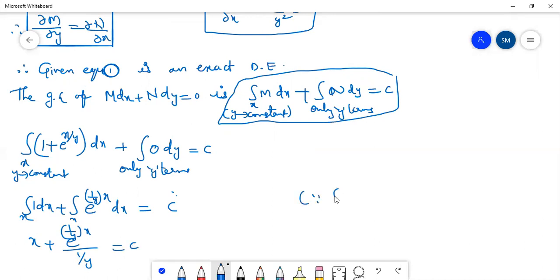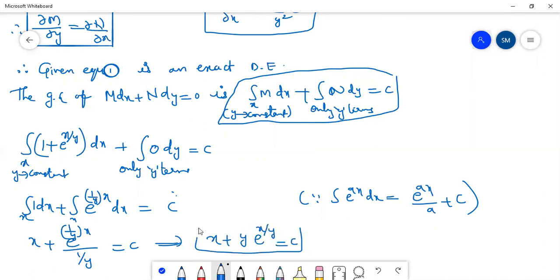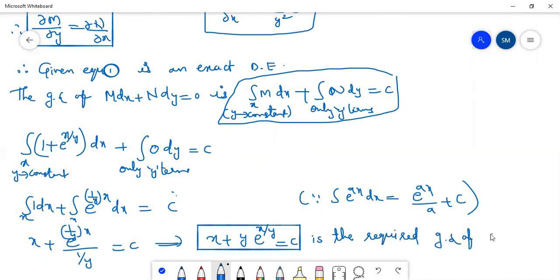Because we know that integral of e power ax dx equal to e power ax by a plus c. So here after the simplification, x plus y e power x by y equal to c is the required general solution of given equation 1. This is the solution of the second problem.